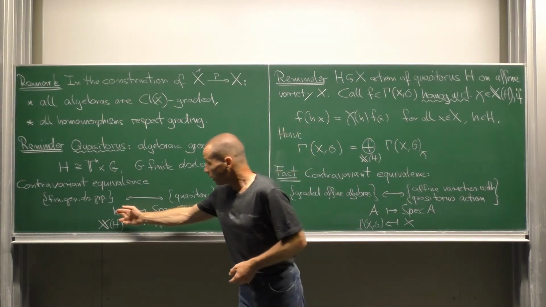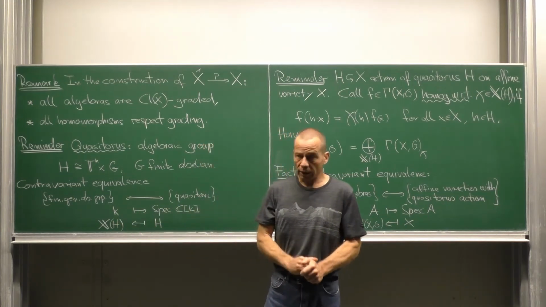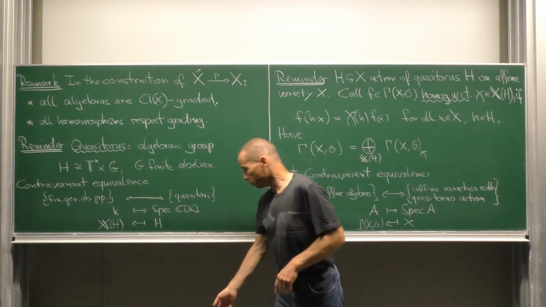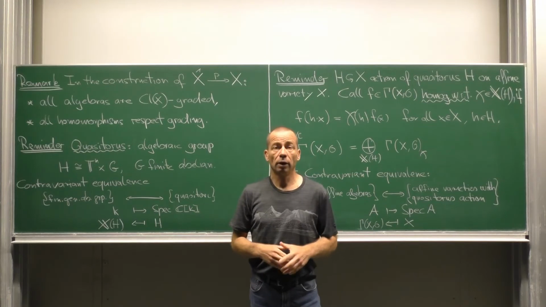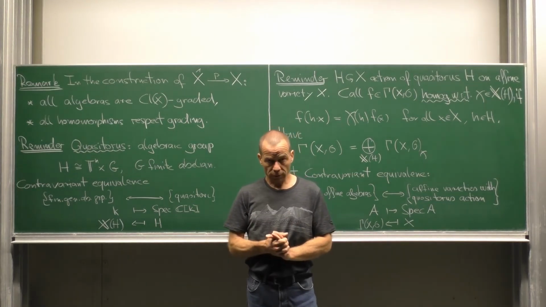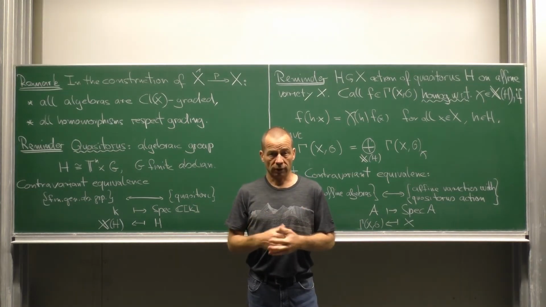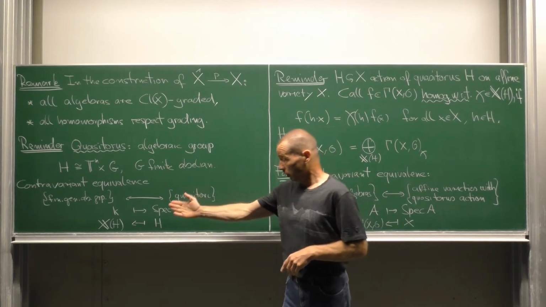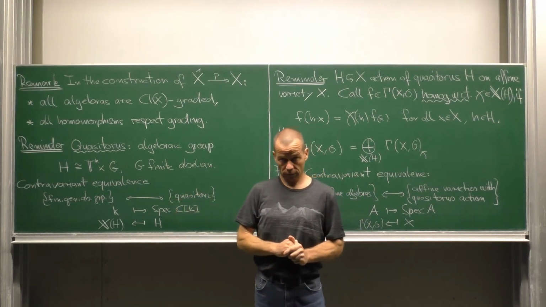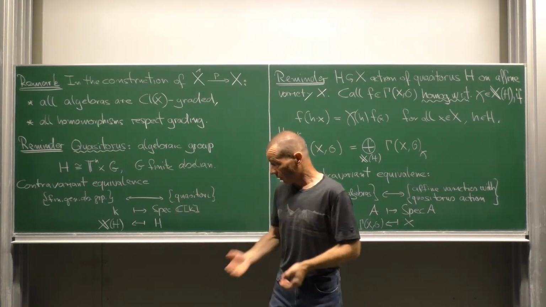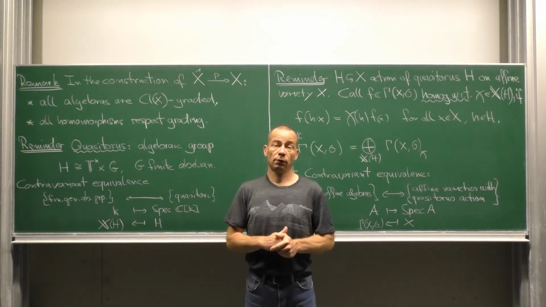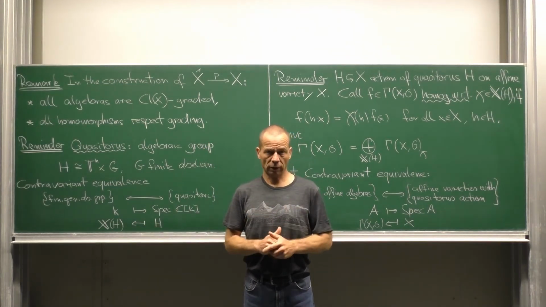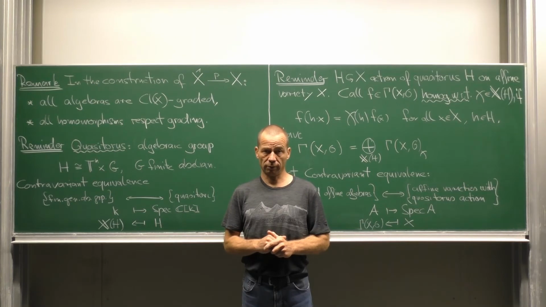Given a finitely generated abelian group K, the spectrum of the group algebra turns out to be a quasi-torus. And for the other direction, if you take any quasi-torus, then the character group is finitely generated abelian.